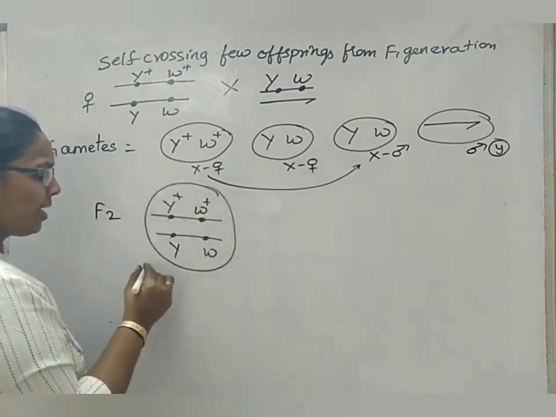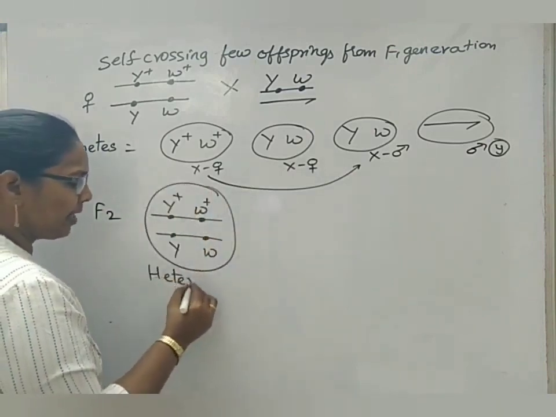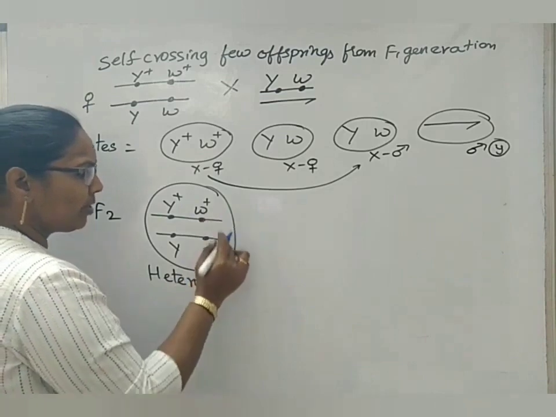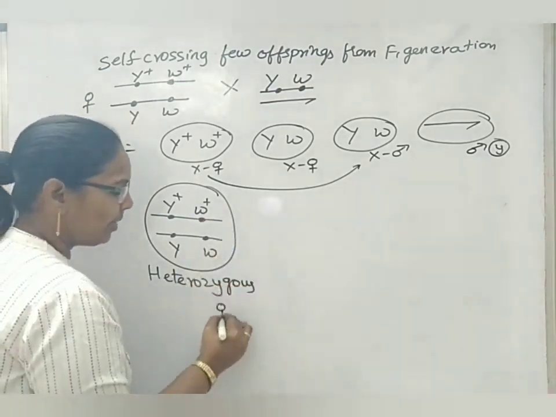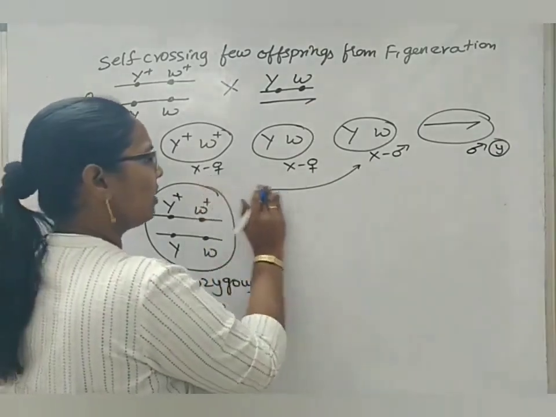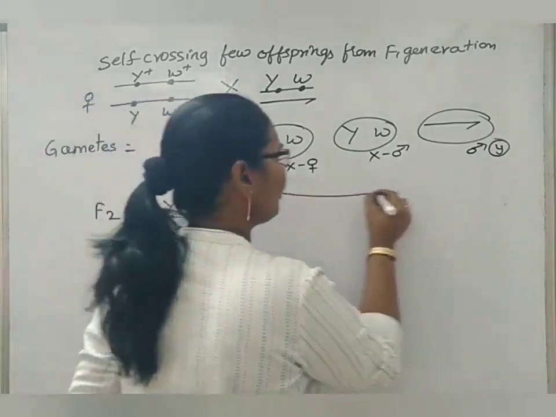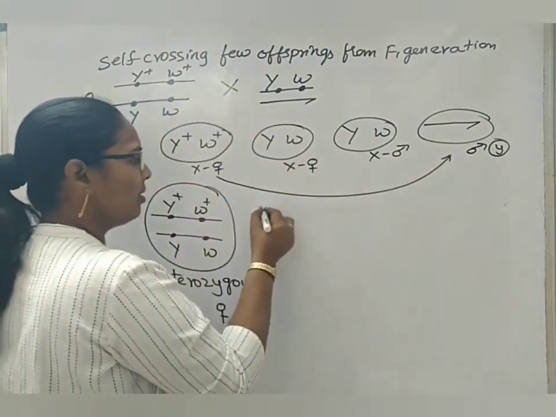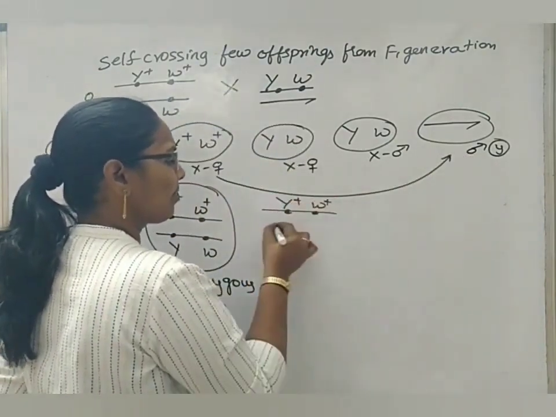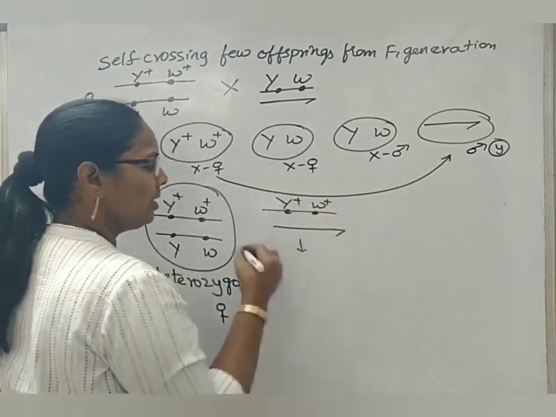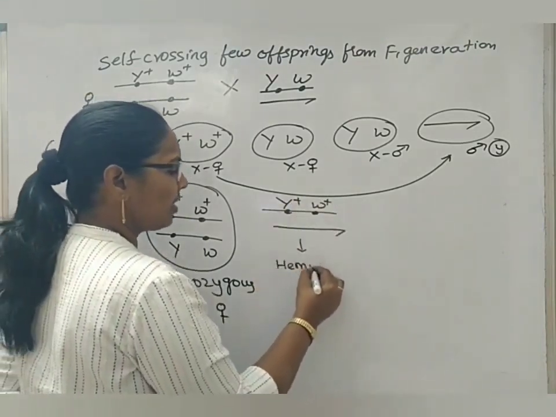This is considered a heterozygous female because we are seeing contrasting alleles here. Another combination, X of female with Y chromosome, gives the dominant alleles and the Y chromosome. This is considered a hemizygous male.